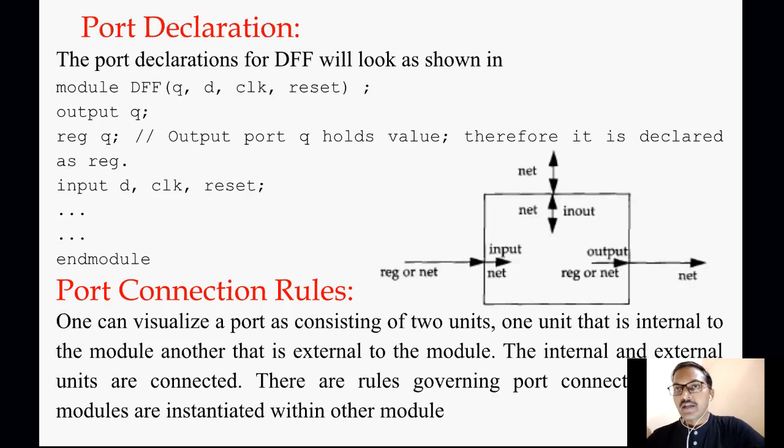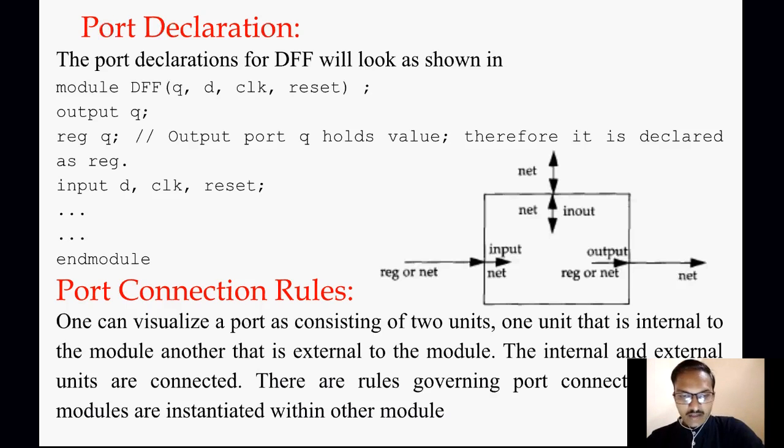We can define it as net or register for input and output, but remember this: we can define it as a register or net outside the module block for the input, and for the output we can use register or net internal to that particular module. Then output as net externally for the output, and for the input we define it as net internally.